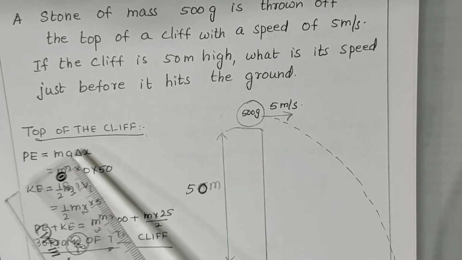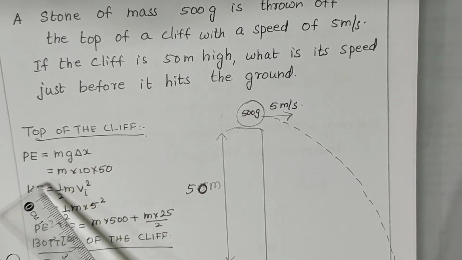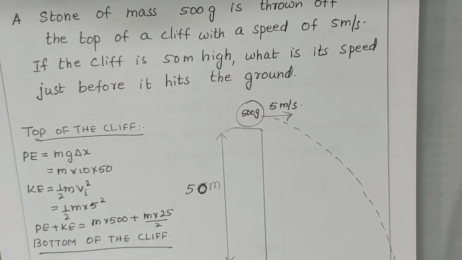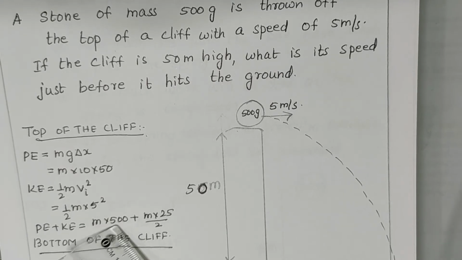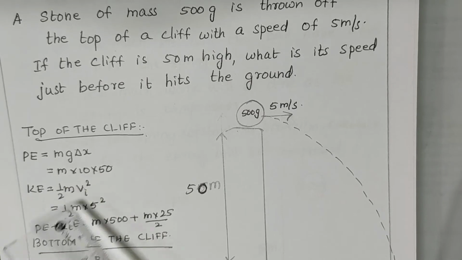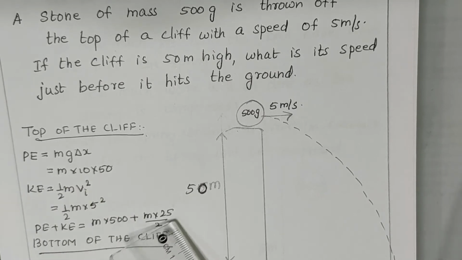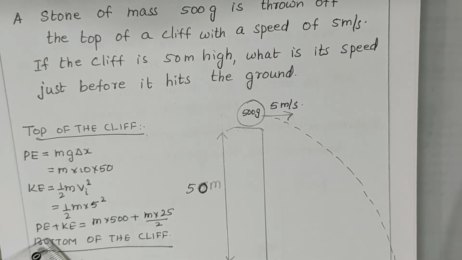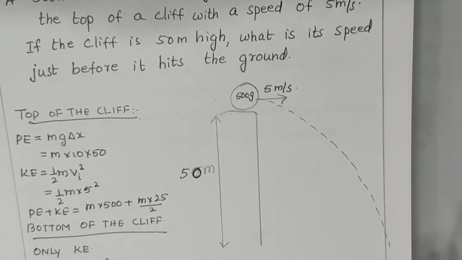So at the top of the cliff, the object has a potential energy given by mgh and kinetic energy given by half mv square. If you solve it, you get it as 500 m plus 25 by 2 m. Now, the total energy is the sum of potential and kinetic.